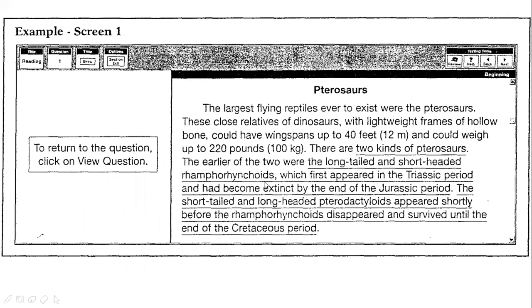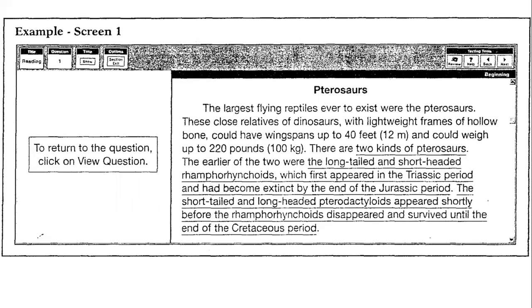rhamphorhynchoids, which first appeared in the Triassic period and had become extinct by the end of the Jurassic period. From this, it can be determined that the rhamphorhynchoids had long tails and short heads, right?